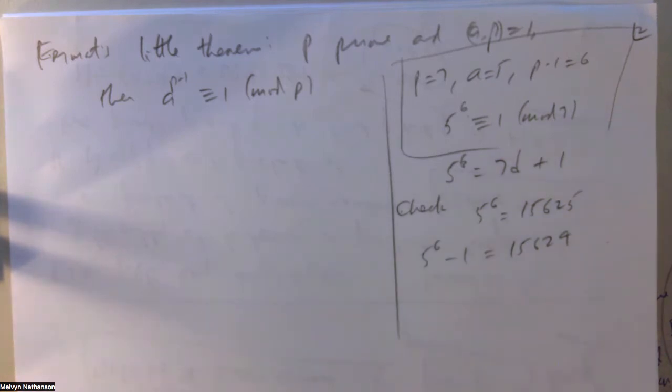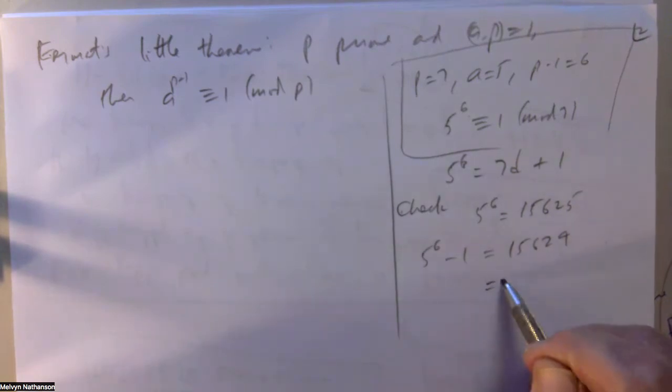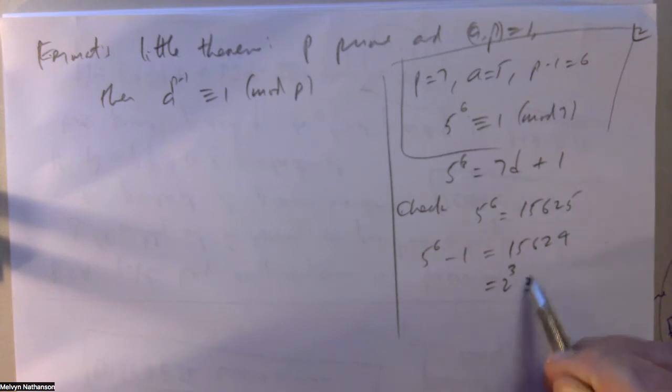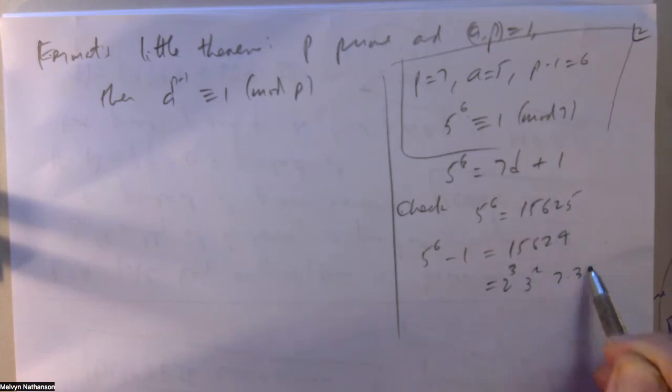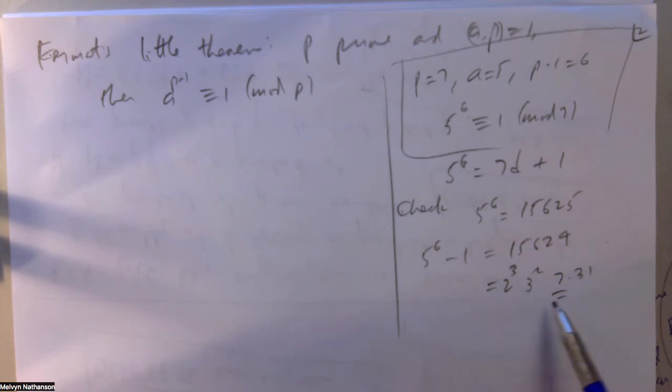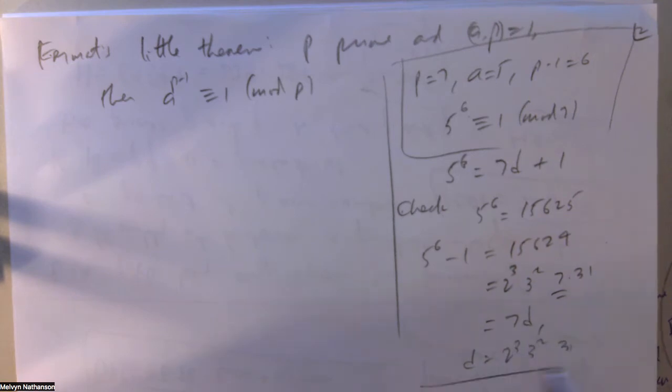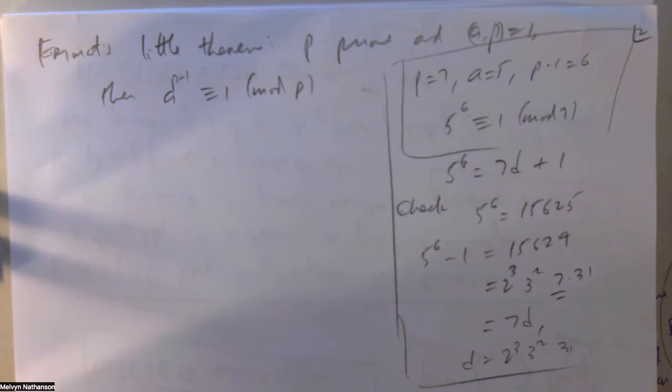If I factor that number, I get 2 cubed, 3 squared, 7 times 31. So this is equal to 7 times d, where d is 2 cubed, 3 squared, 31. And this is just an instance of Fermat's little theorem, which is always nice to see.